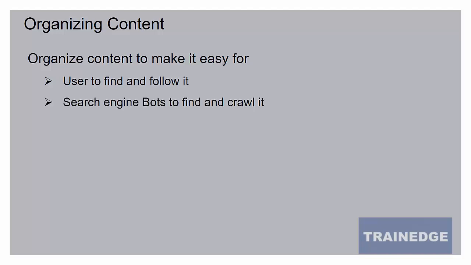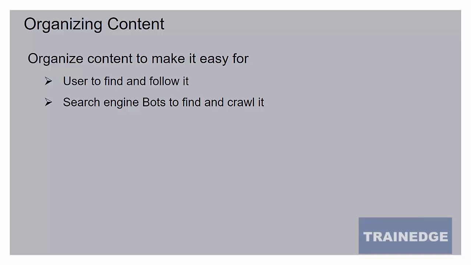You also need to organize the content to make it easy for users to find and follow it. And if users can find and follow it, then search engine bots will be able to find and crawl it. So there are two things here: find and follow. To help people find your content, it should be accessible from one of the other pages on the site.